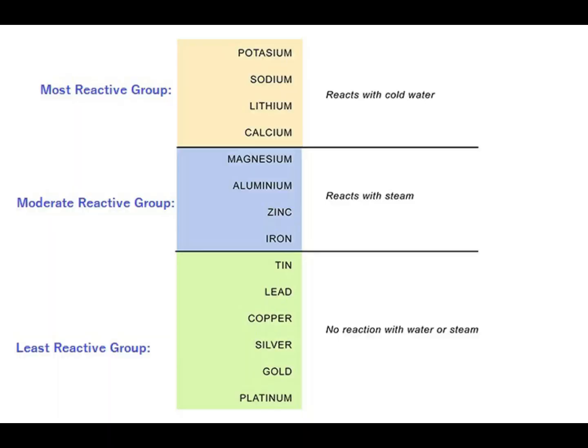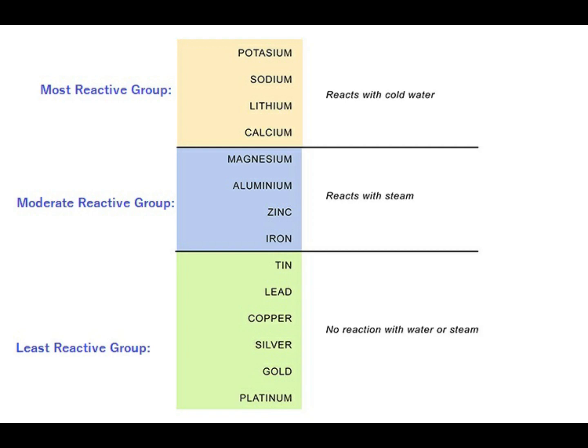Based on how fast they react with many other substances, we can divide the metals into 3 groups. The first group is the most reactive group, the second group is the moderately reactive group, and the last group is the least reactive group. The first group are extremely reactive.